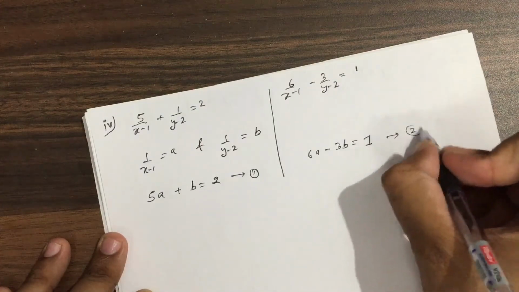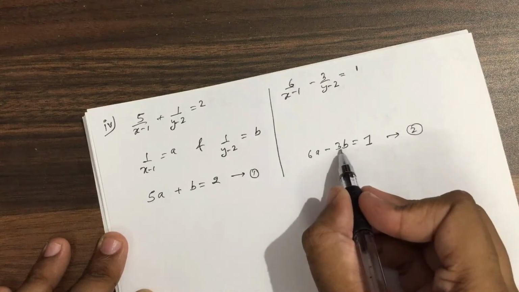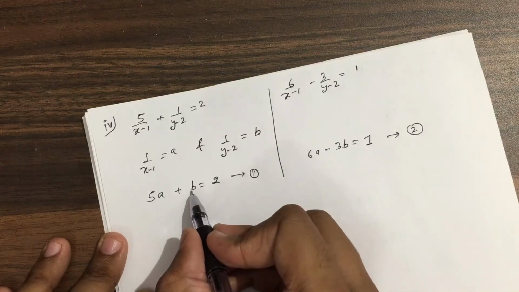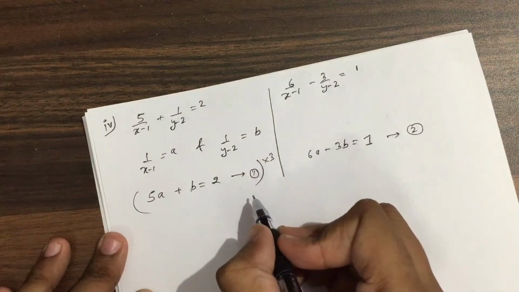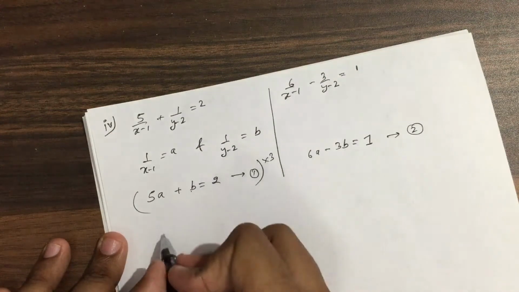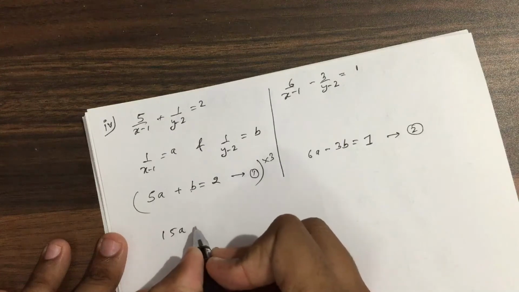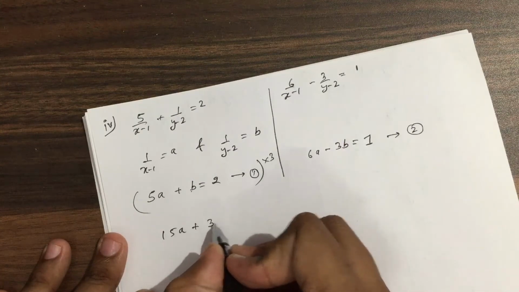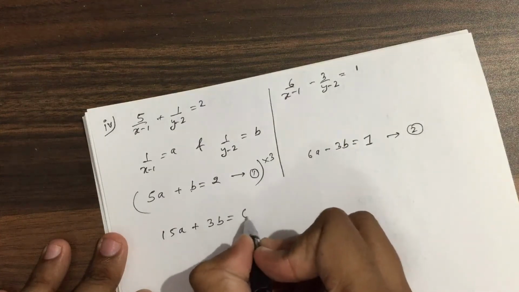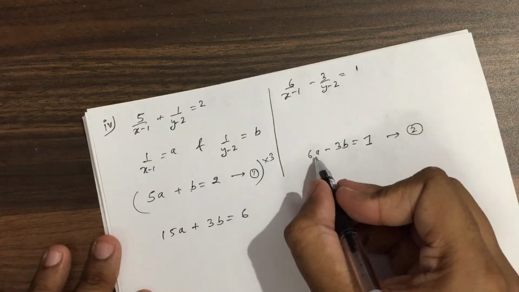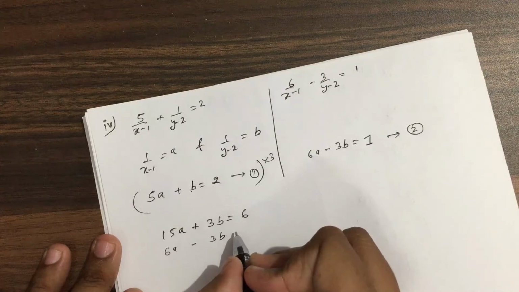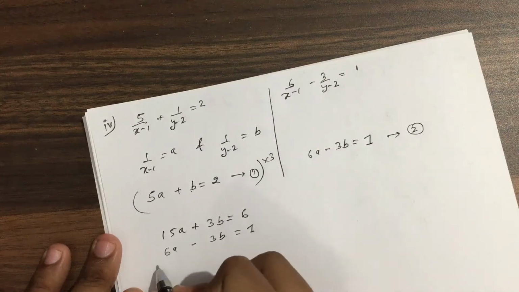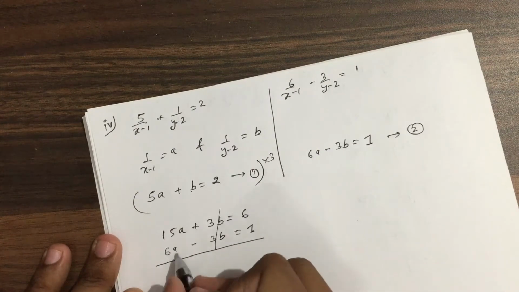This is your equation 2. Here coefficient of b is minus 3, here it is 1. So multiply equation 1 with 3 in order to make coefficient of b the same. So it will become 15a plus 3b equal to 6 and this will remain as it is, 6a minus 3b equal to 1. Now we will add, so this will be cancelled.